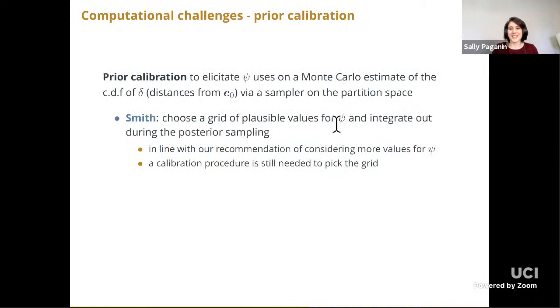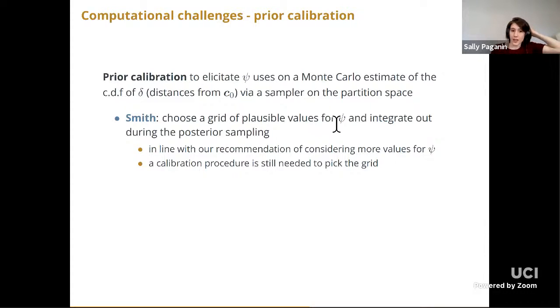Another point that has been raised is about the computational challenges in our proposal, especially the prior calibration. As we discussed in the slides, we have this prior calibration procedure to pick a value of psi. Adam mentioned that we can, for example, choose a grid of psi and integrate it out from the posterior, doing the posterior sampling.